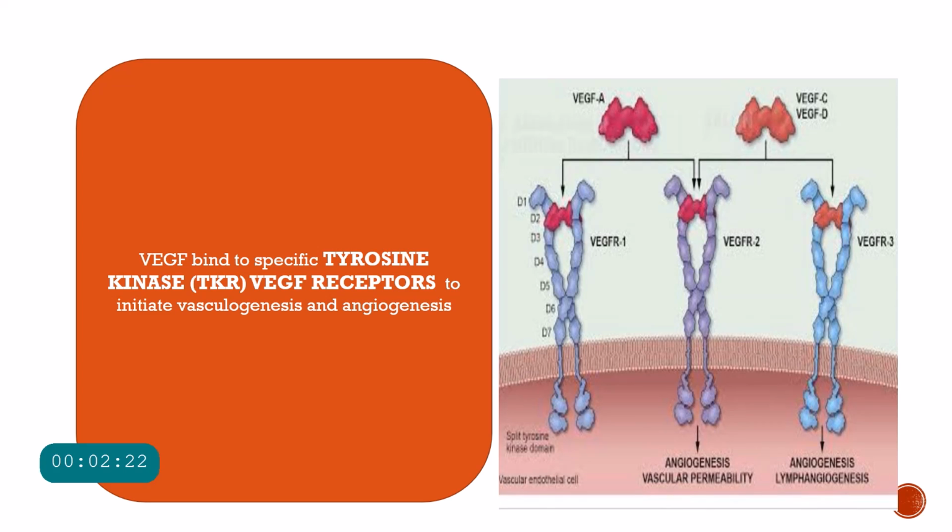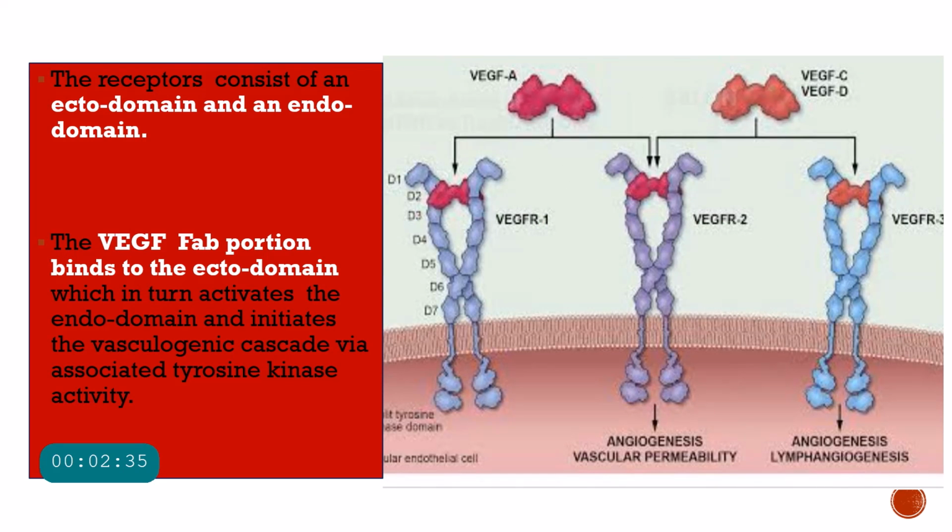Now, VEGF is basically a dimeric protein, which is going to bind to the VEGF receptors. As I told you, specifically VEGF receptor 1 and VEGF receptor 2. And these receptors are tyrosine kinase receptors. These receptors have an outer domain called the ectodomain, and an endodomain which is present inside the cell.